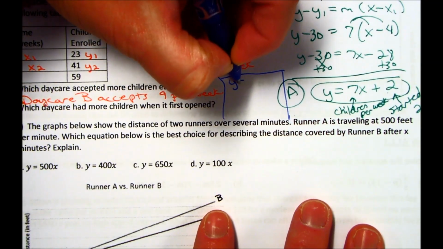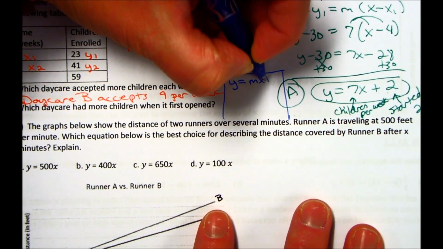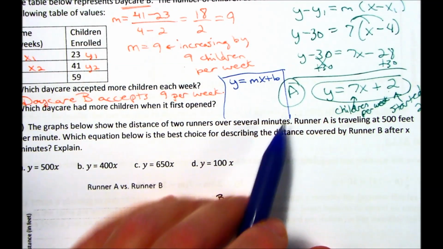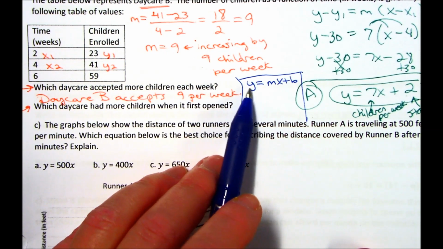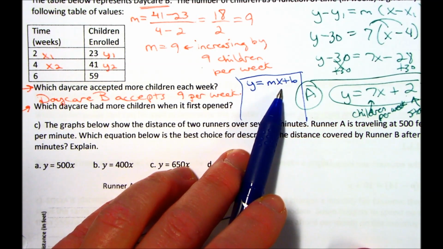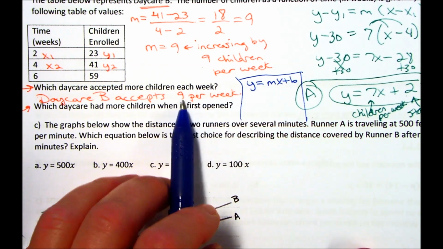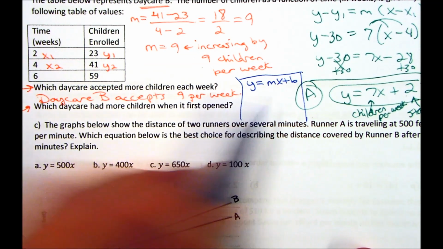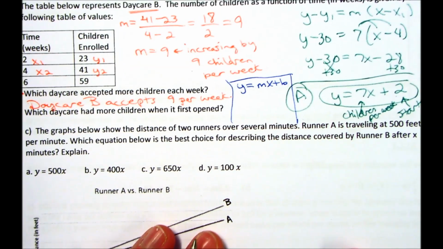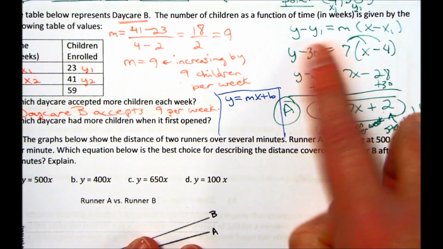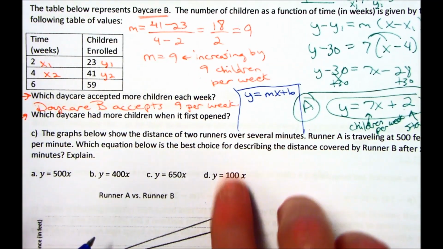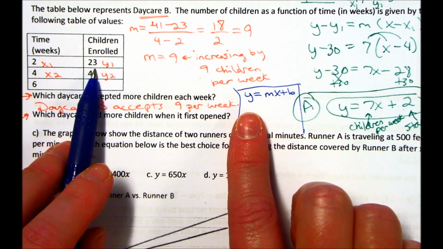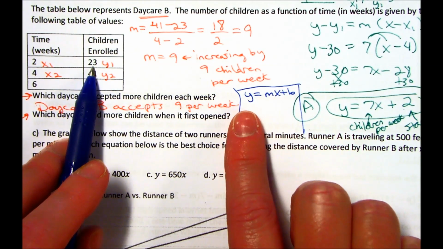All right, so if you know your slope-intercept form, y equals mx plus b, to find the y-intercept, you could temporarily substitute one of its points for y and x, and then use the slope that you found, 9, for m. This is just an alternative to using point slope form, but point slope form would work just as well. So I'm going to take this y value, 23, and temporarily substitute it in for y.